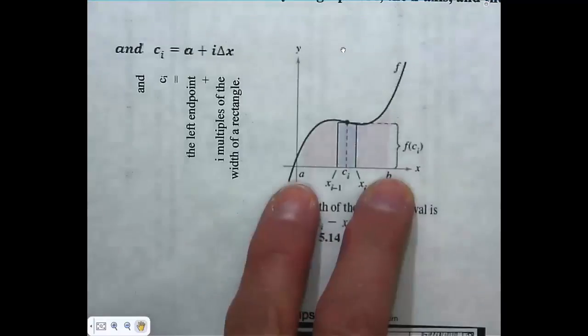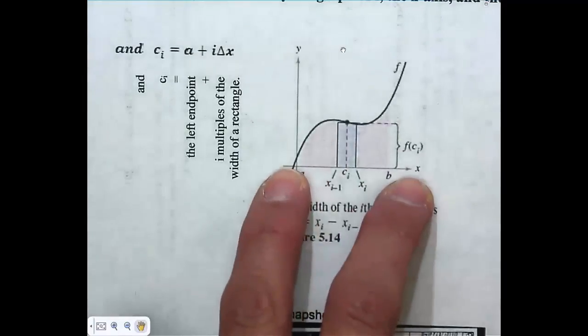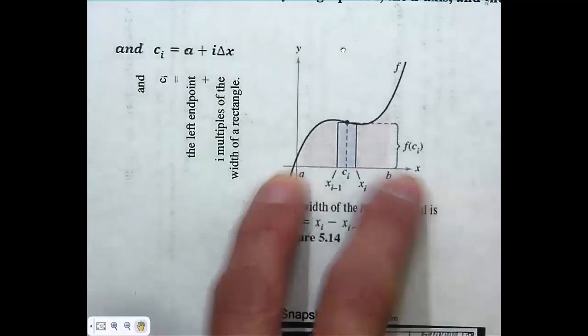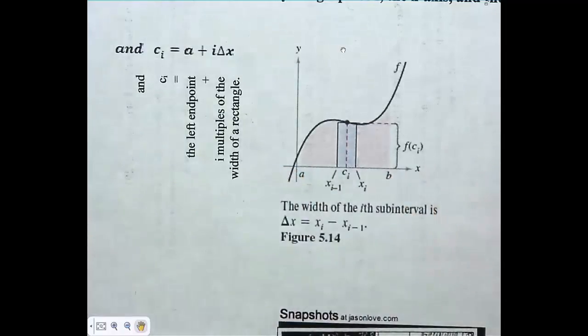If I got the area from a to b and I'm going to divide it up into n rectangles, if I'm going to divide it into 2 rectangles, then each rectangle will be b minus a divided by 2. If I use 3 rectangles, then the width of each rectangle would be b minus a divided by 3. If I use n rectangles, the width of each rectangle will be b minus a divided by n. So that's how I'm getting the width of the rectangle.